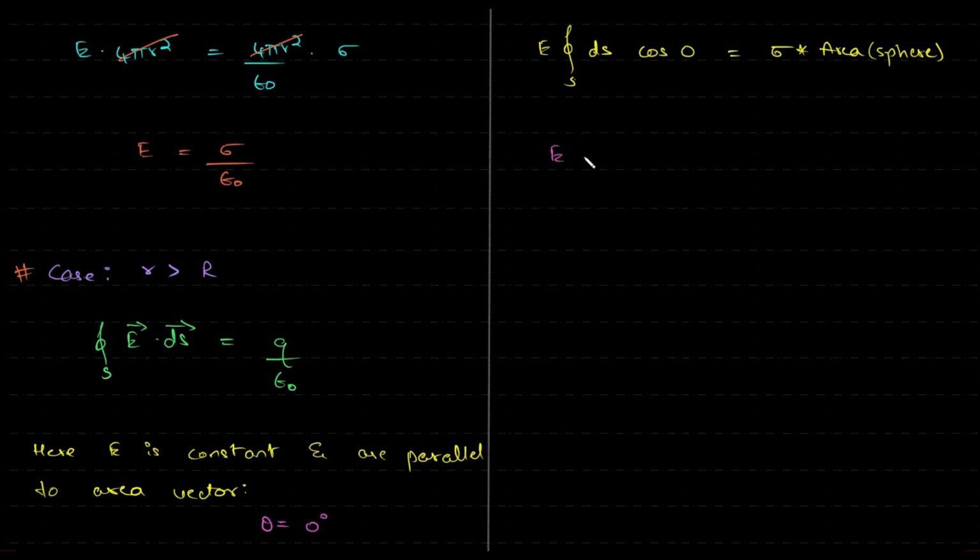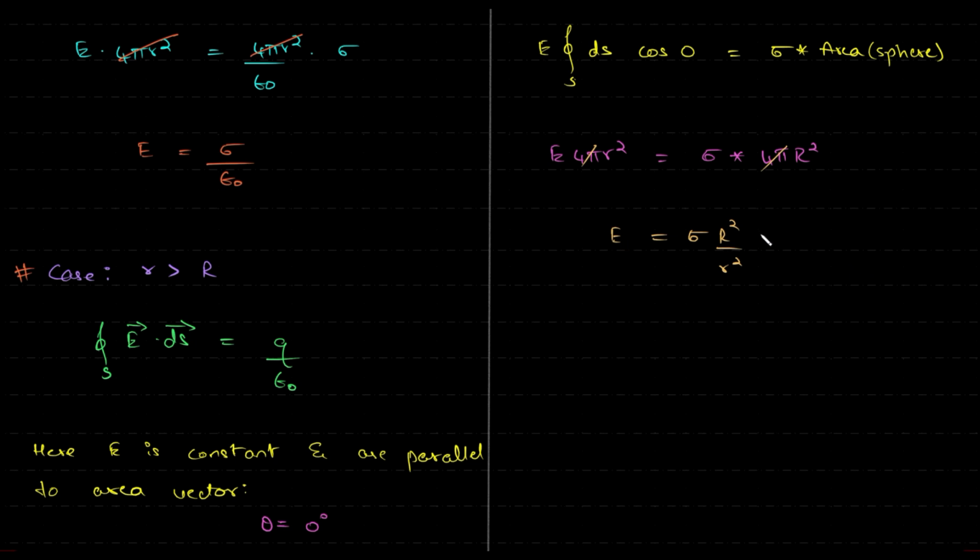So here it would be 4 pi r square, and here it would be 4 pi capital R square. That's the difference. Agree? And so, a bit of rearrangement, charge density times capital R squared by small r square. Agree?